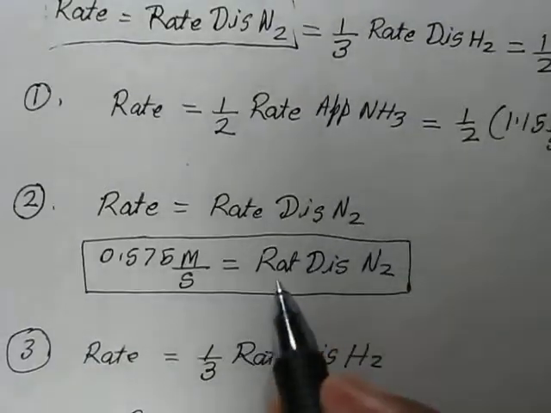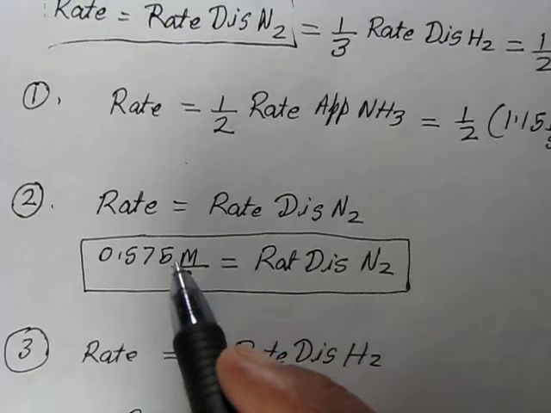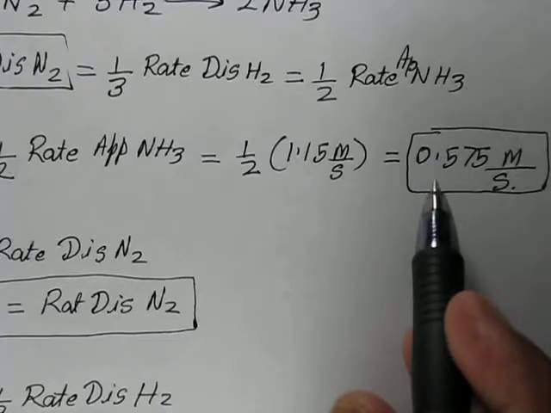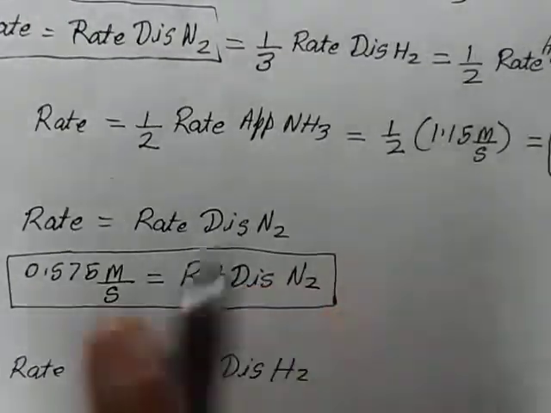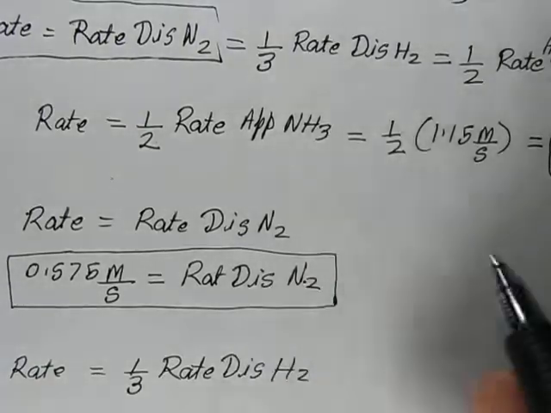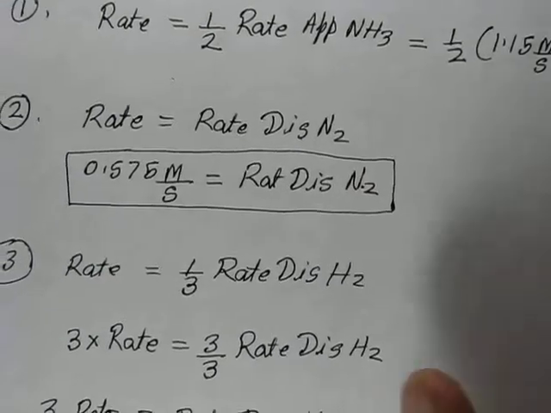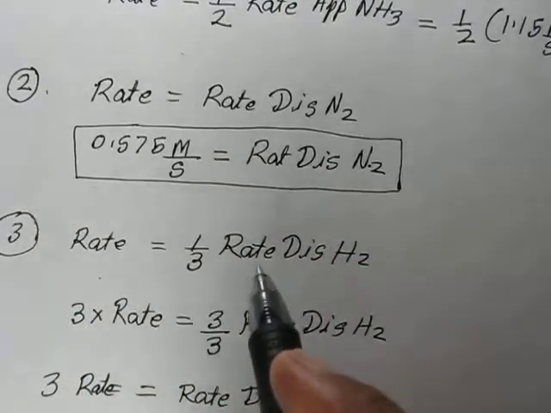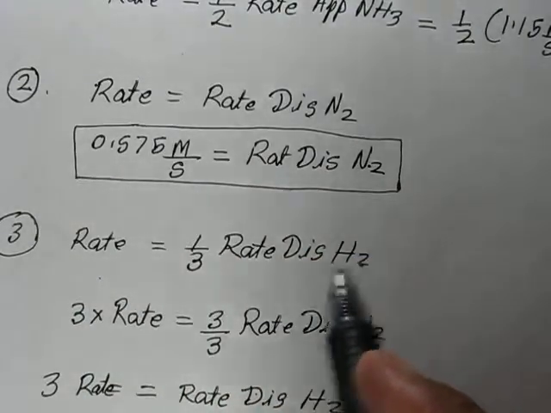So we can write that the rate we have calculated from the first answer, 0.575 molarity per second, will be equal to the rate of disappearance of nitrogen. So this is simple.